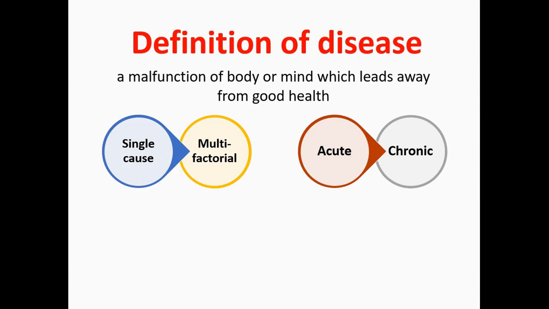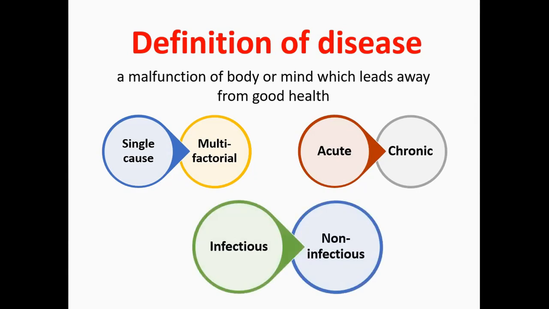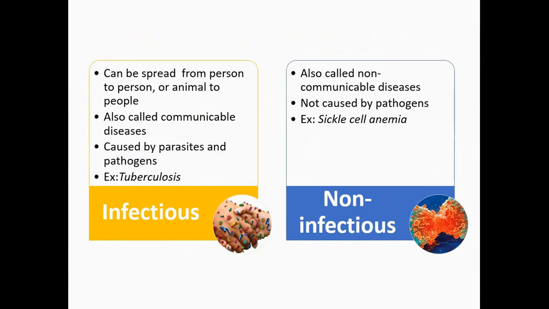And mainly, disease is divided into two by its acquirement: infectious and non-infectious. Infectious disease can be spread from person to person or animal to people, like in the case of COVID-19. It's also called communicable disease, from the word communicate or contact, and it's caused by parasites and pathogens, like in tuberculosis or HIV.